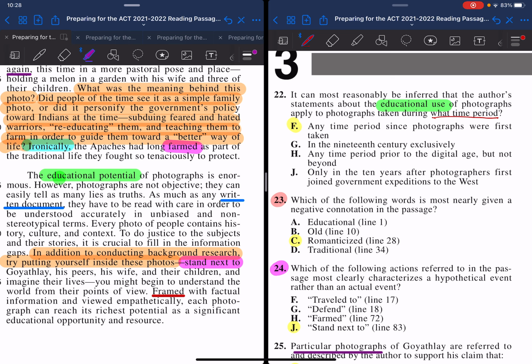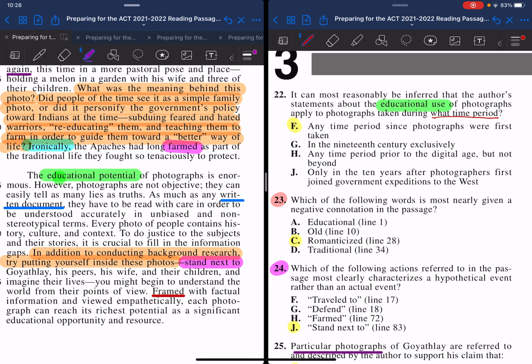Number 23. Which of the following words is most nearly given a negative connotation? Here in red, we've highlighted them. It says, using photographs as educational resources presents particular challenges and must be done with care.